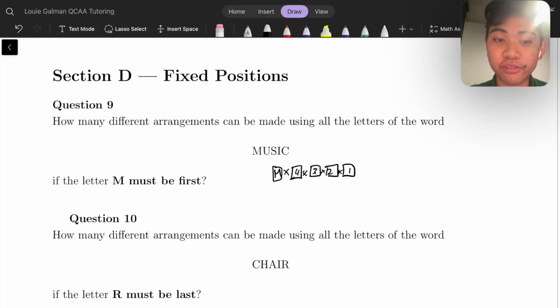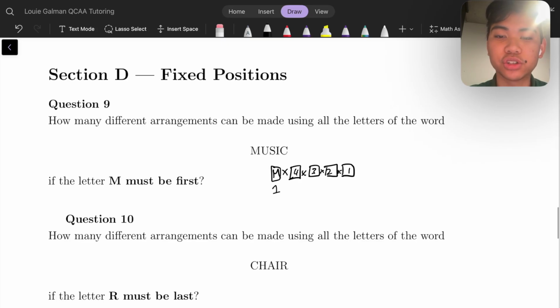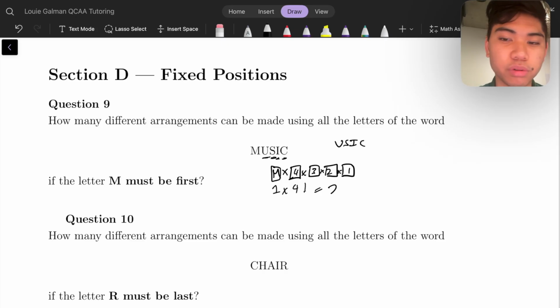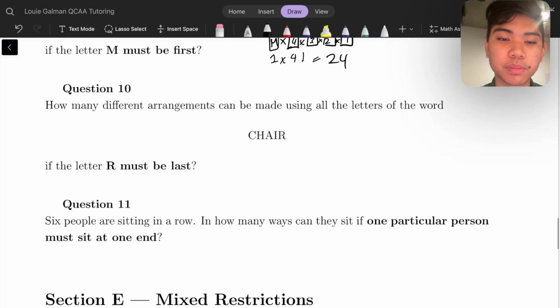If we have to have M being first, then that's already one combination that has to be fulfilled. So we can't have any more possible outcomes for that. It's just one possible outcome, and then we do our 4 factorial. So basically, it's like excluding the fact that we can move our M around. So we'll only be arranging USIC. So that's basically what you do there. That's going to equal 24 different arrangements.